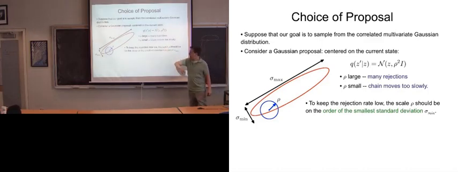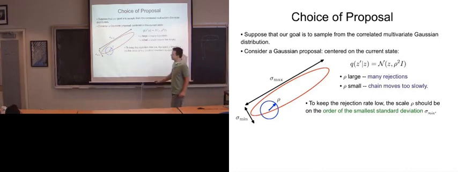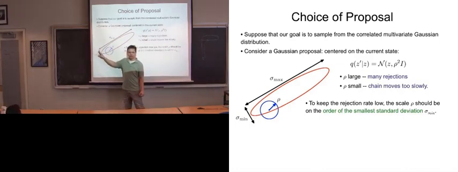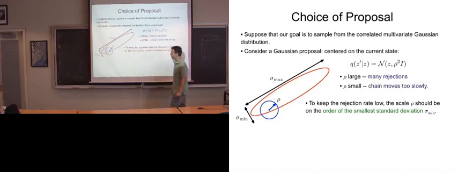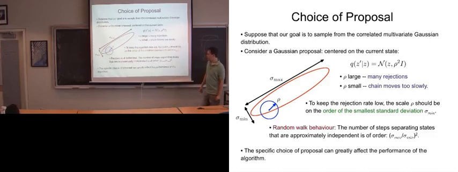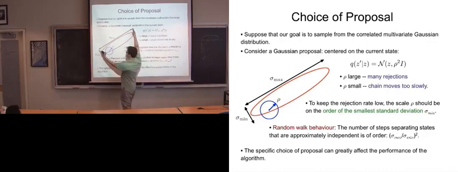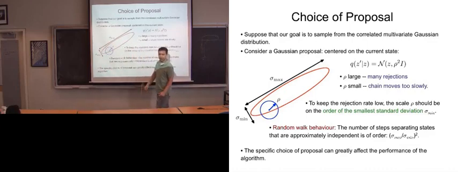So in that particular case, if you want to keep the rejection rate low, the scale rho here should be on the order of the smallest standard deviation, sigma min. Now, for the random walk behavior, the number of steps separating steps that are approximately independent is going to be of order sigma max divided by sigma min. So it's going to be on the order of this divided by this, if you want to make them a little bit more independent of each other.